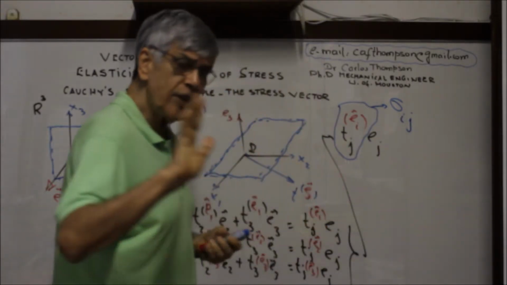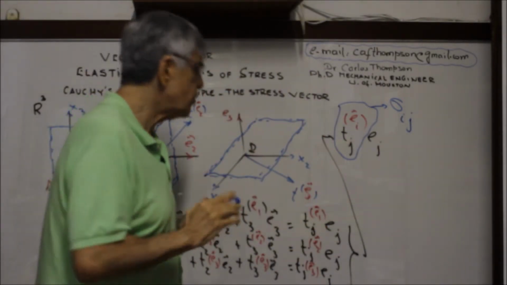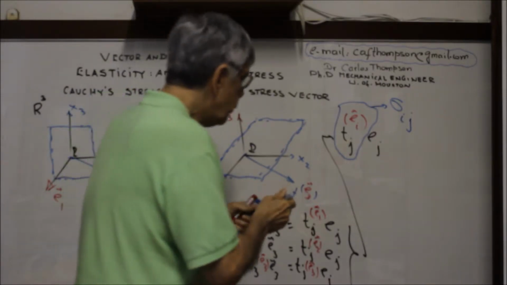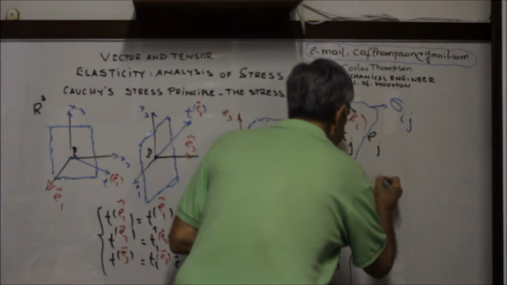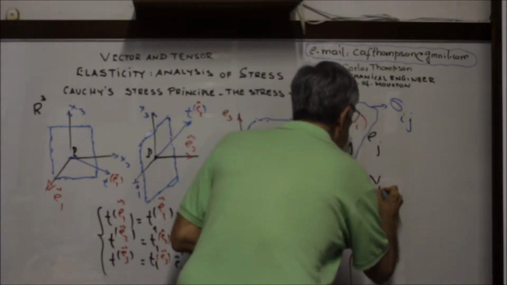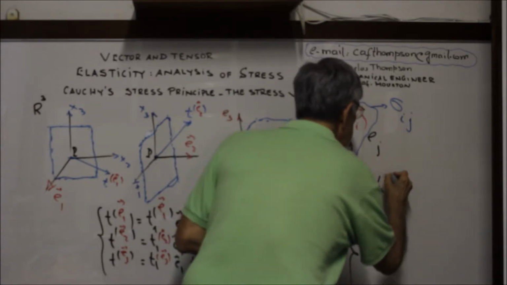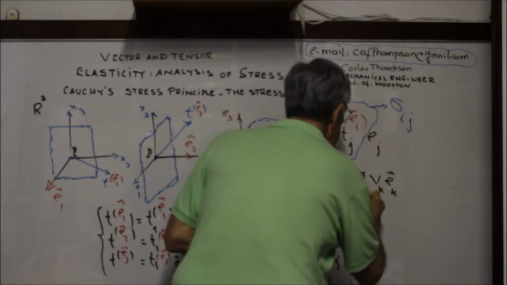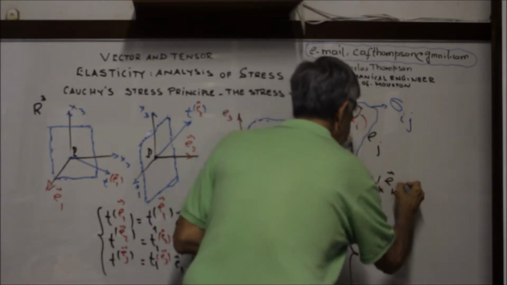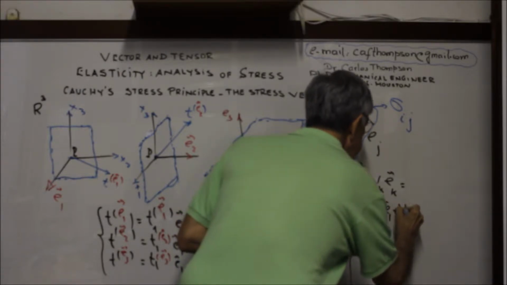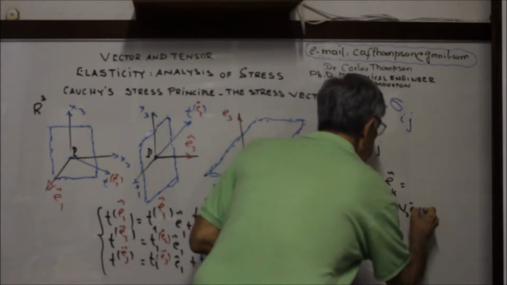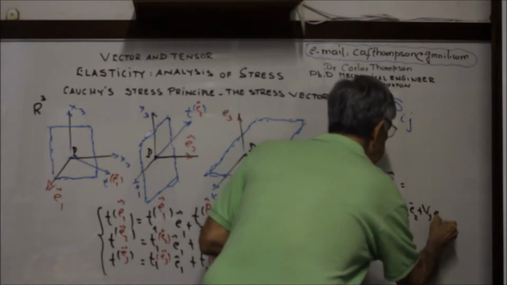Just to recall, do you remember when you have, for instance, a summation of Vk Ek, for k equal to 1 to 3, this will be V1 E1 plus V2 E2 plus V3 E3.